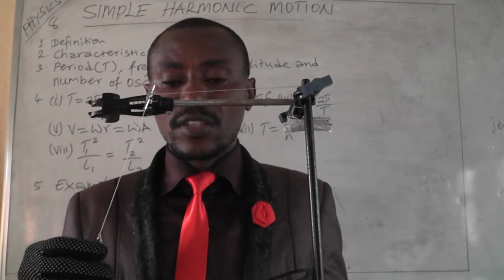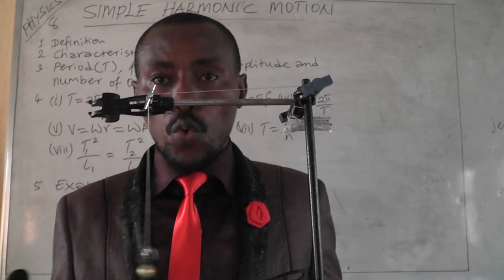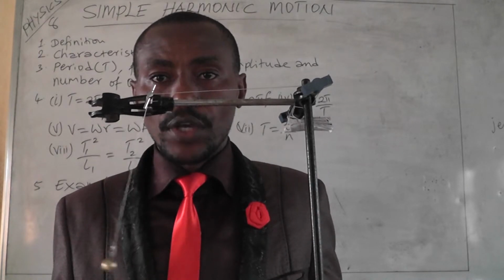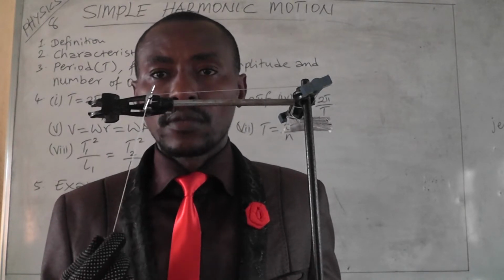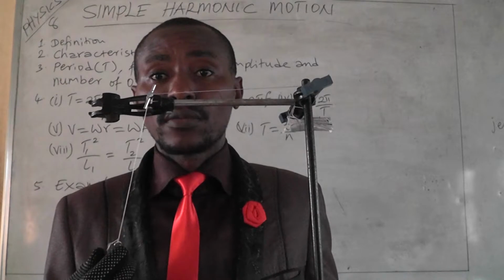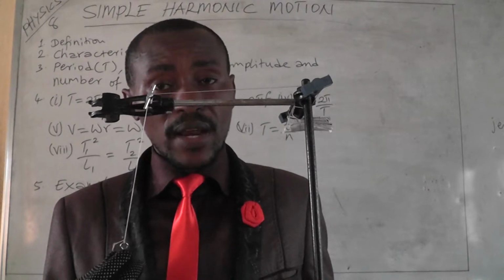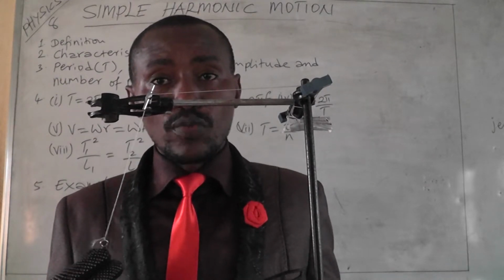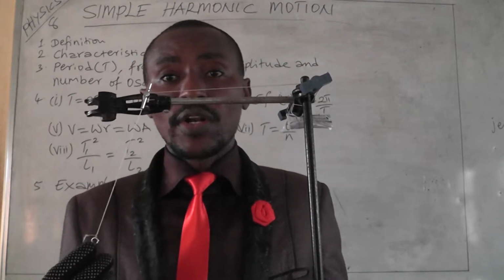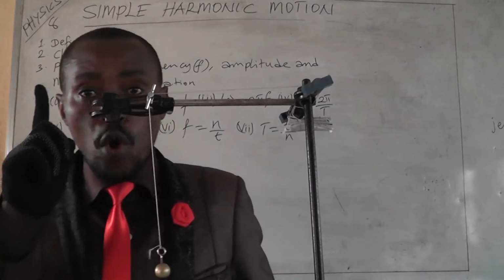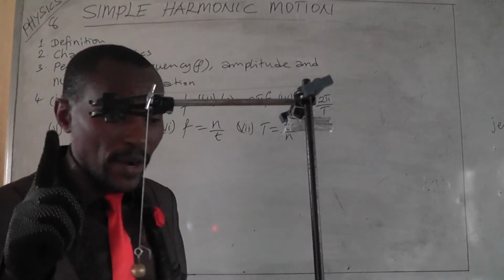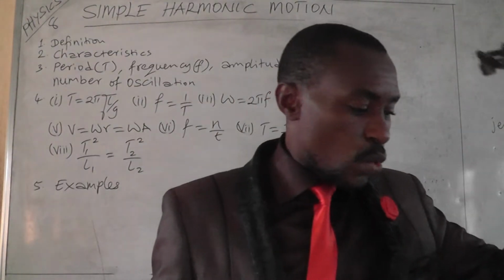Let's quickly see this: 1, 2, 3, 4, 5, 6, 7, 8, 9, 10. That is 10 oscillations. Finally, the time taken for it to move to and fro once, the time taken to complete one oscillation, you call it period.